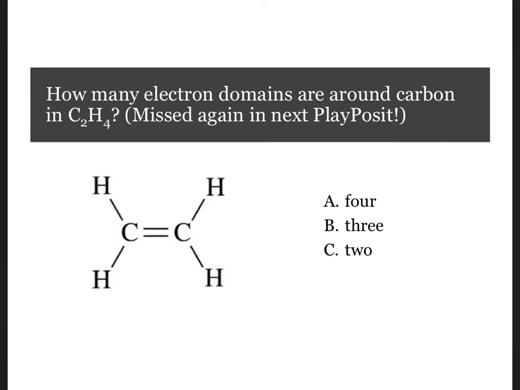On this particular slide, this question showed up in both hybridization and bonding playposits: how many electron domains are around carbon in C2H4, our ethene? If we count, we've got 1, 2, 3 electron groups around each carbon.